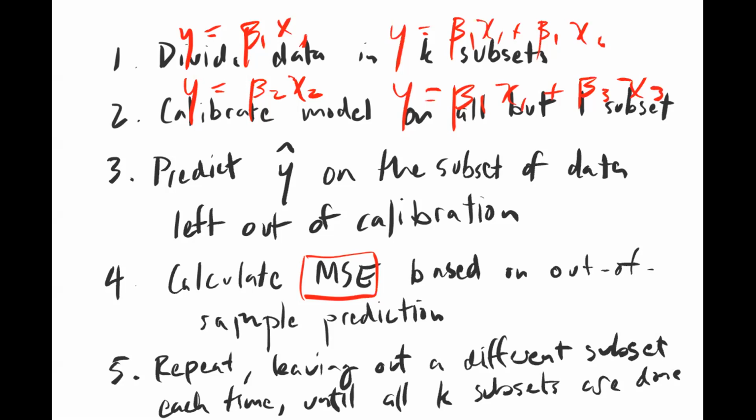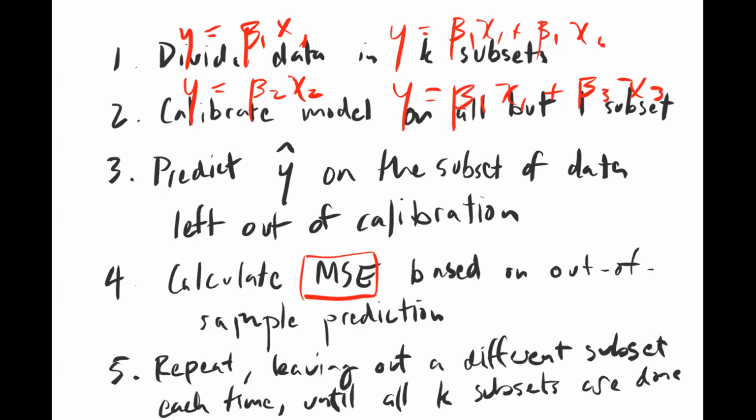Yeah, go ahead. I have a question kind of along these lines. If you calibrate the model each time on a different set of data with k-fold, you're going to have 5 different B values. Yes, exactly.